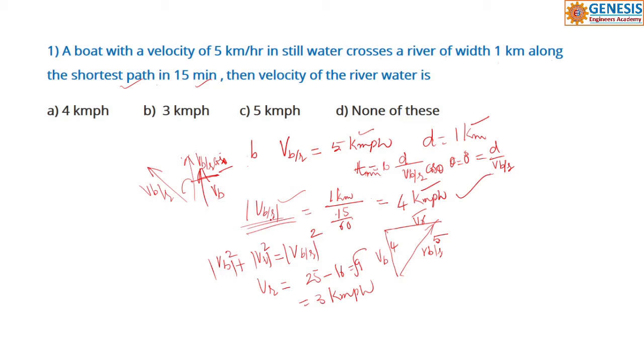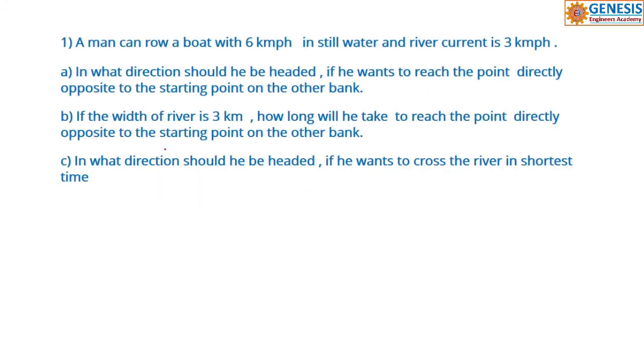Now I want to deal with another problem. A man can row a boat with 6 kmph in still water and the river current is 3 kilometers per hour. So VBR is 6, VR is 3. In what direction should he be headed if he wants to reach the point directly opposite to the starting point on the other bank?